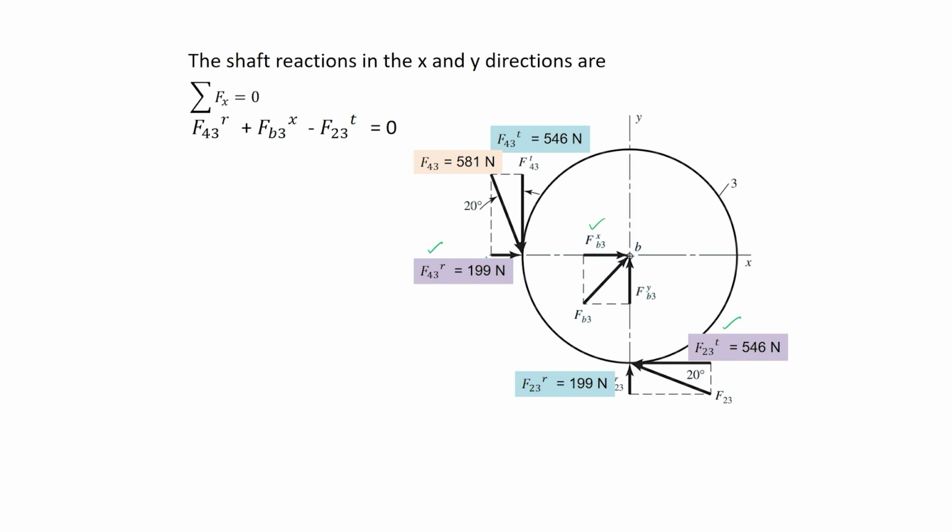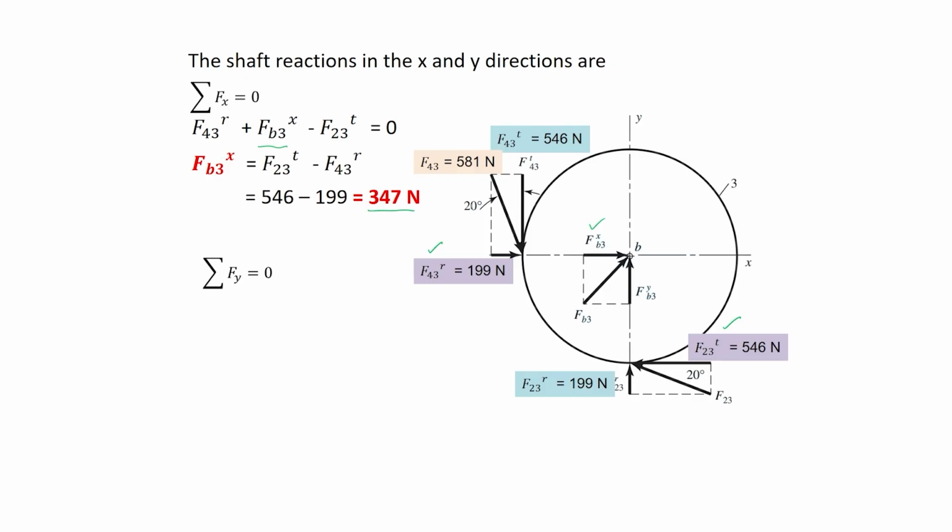So, F43 radial plus FB3x, because both are in the same direction, minus F23 tangential is equal to 0, and from this equation we get FB3 in the direction of x. The bearing reaction in the direction of x is equal to 347 Newton.